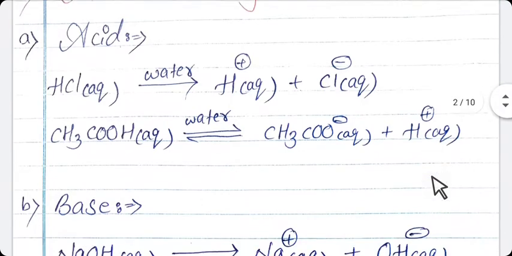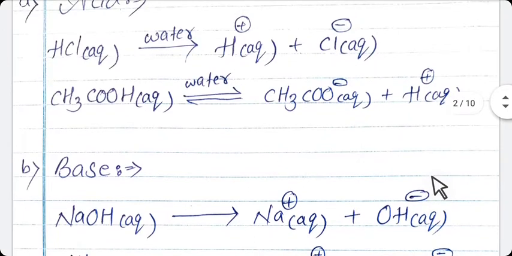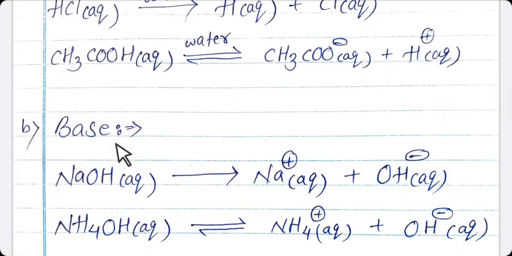Now, according to Arrhenius, a base is a substance that contains an OH group and produces hydroxide ion in aqueous solution.